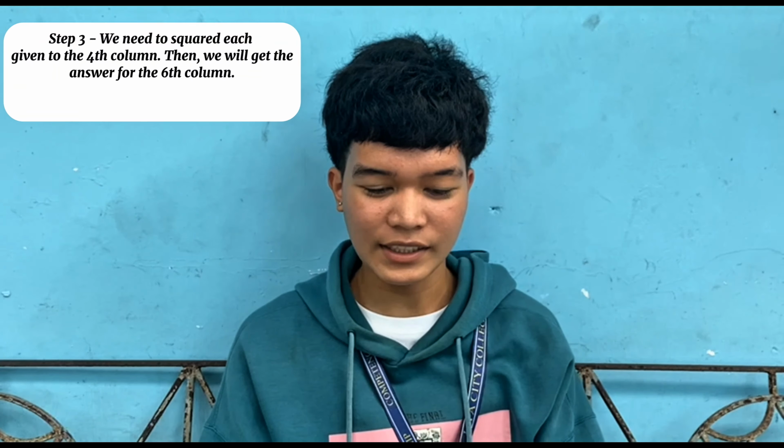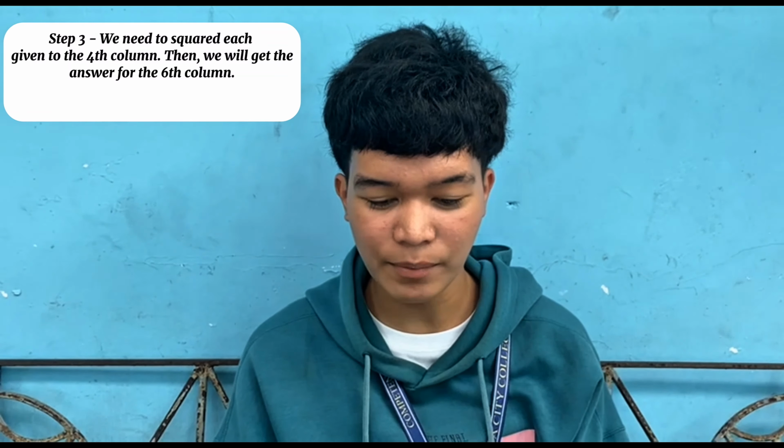For the sixth column, we need to square the fourth column, which is the y minus the mean of the second column, then we will get the answer for the sixth column.